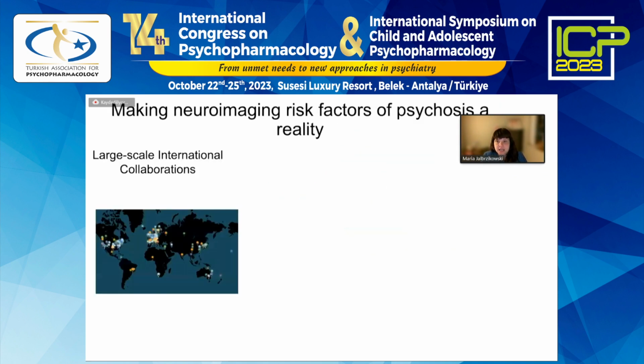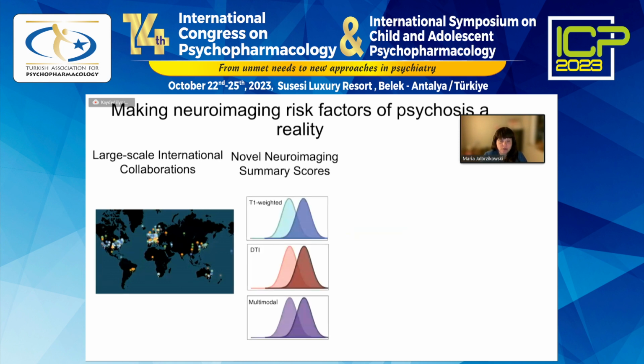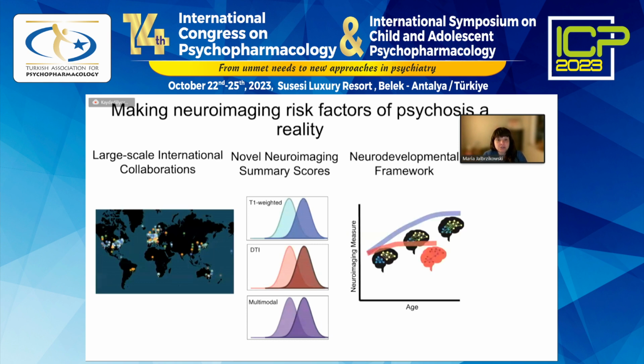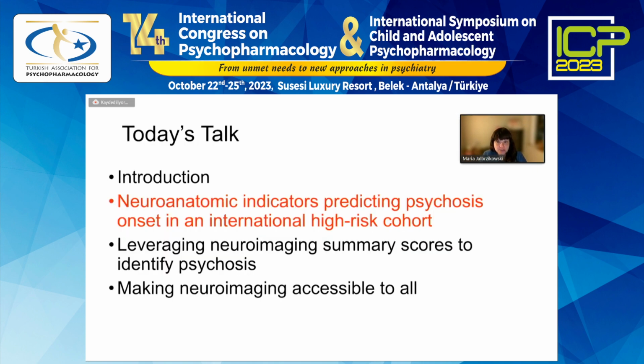And so by bringing together these large-scale collaborations focused on individuals at clinical high risk for psychosis, or CHR, using novel methods to improve neuroimaging's ability to differentiate those with psychosis from those without, and couching that within a developmental framework, we're then working to test out low-cost neuroimaging measures to make MRI accessible and affordable for all. And that's the story I'll be sharing with you today. I'll move on now to the first study.